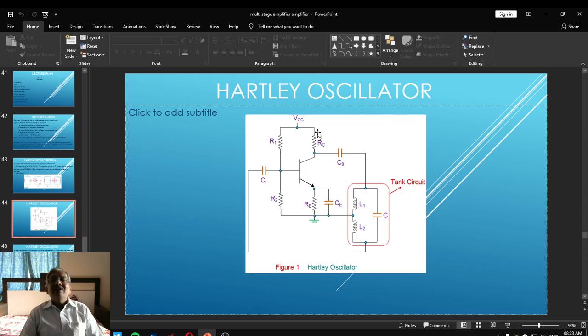So that's why in most cases, instead of RC, a radio frequency choke is used as a load on that particular amplifier.